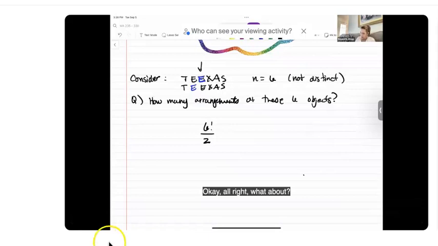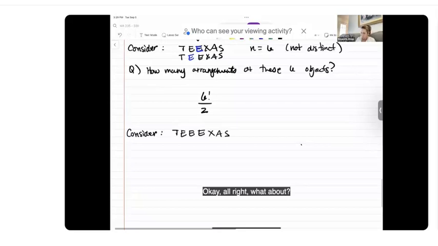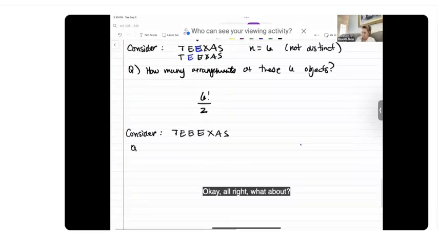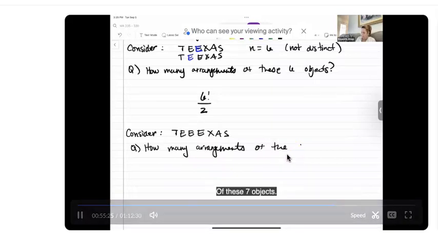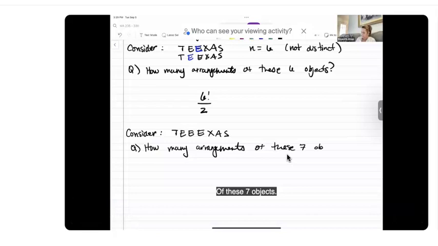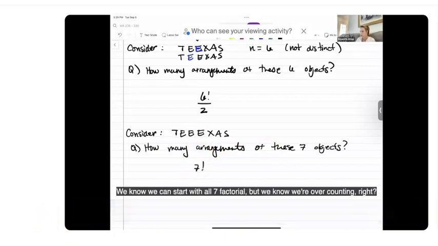Okay. All right. What about, so you're like, I know what I'm doing now. How many arrangements of these 7 objects? We know we can start with all 7 factorial, but we know we're overcounting, right?